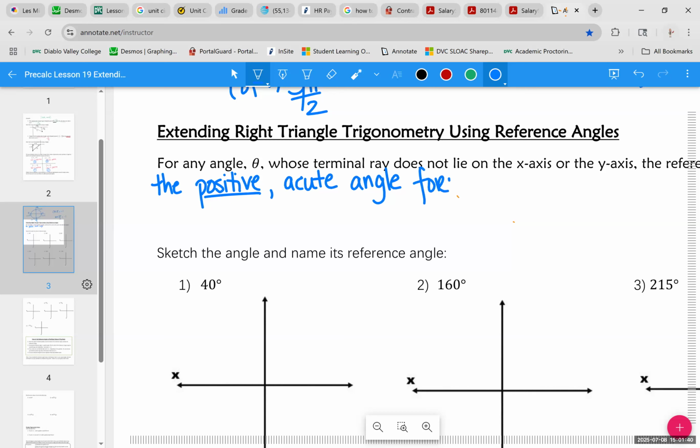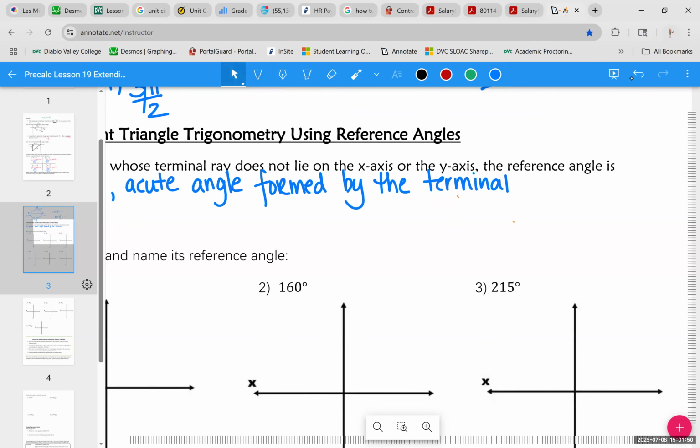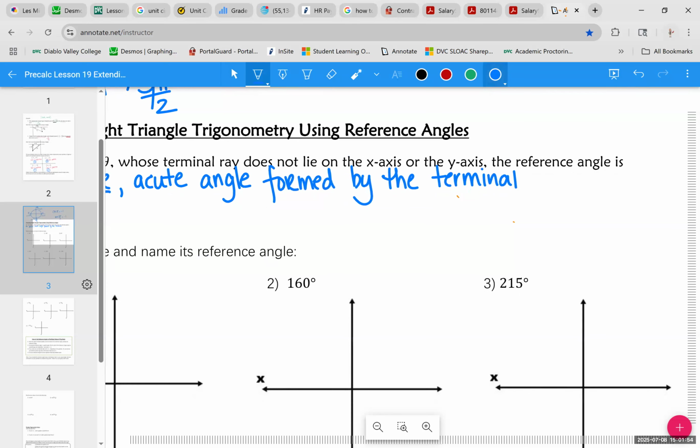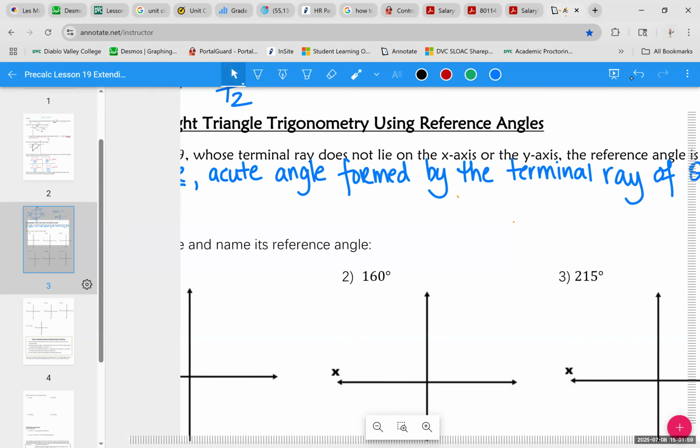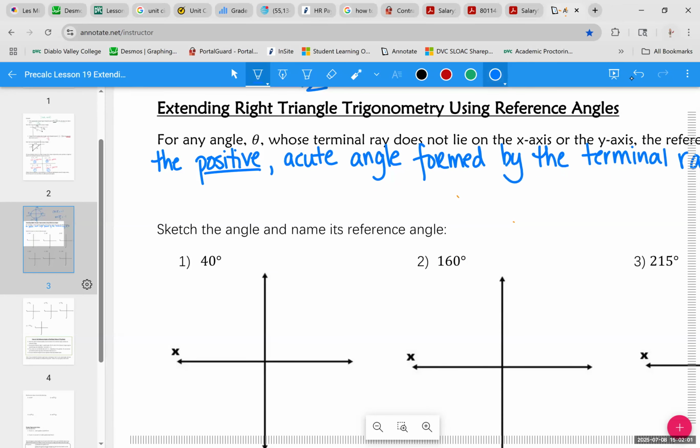formed by the terminal ray of theta and the x-axis. Not the y-axis, the x-axis. Always the x-axis. Okay.